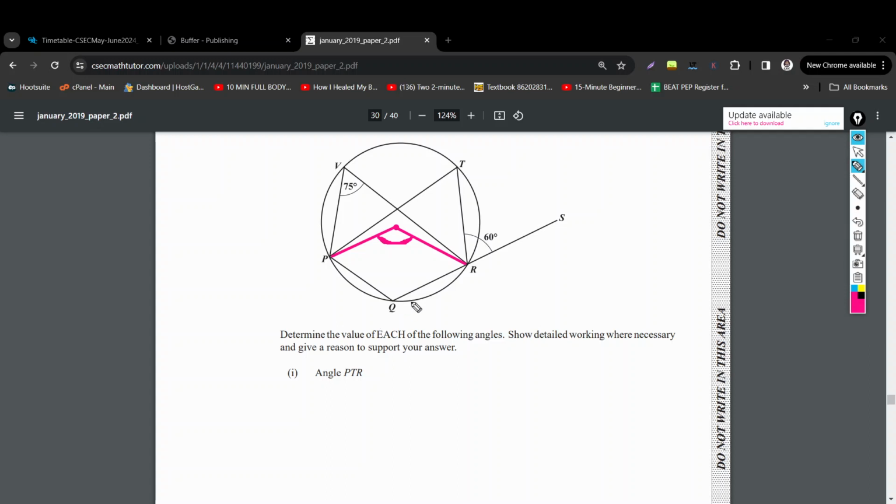All right, so when we're working this one out, it's kind of simple. Remember the rule. It's actually rule number one that says angles at the center are twice the angle at the circumference.